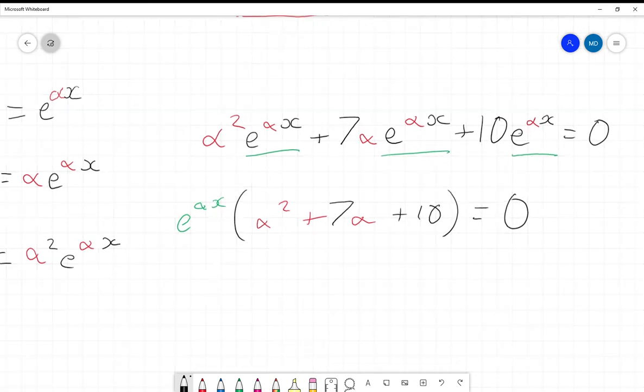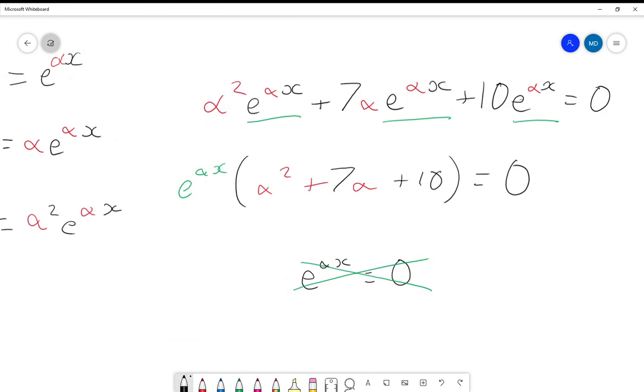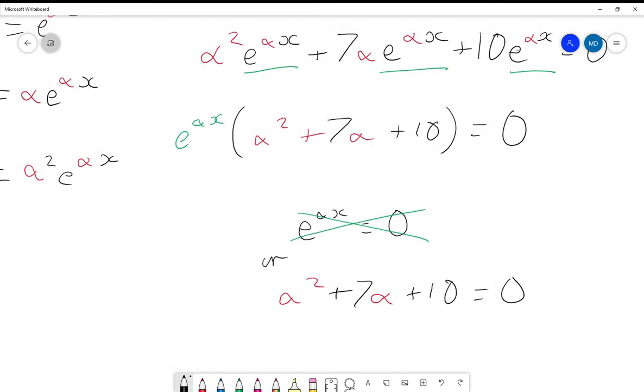And now, to solve this, either e to the alpha x equals 0, which isn't possible, or alpha squared plus 7 alpha plus 10 has to equal 0. And this is possible. In fact, this is just a very simple factorizable quadratic.